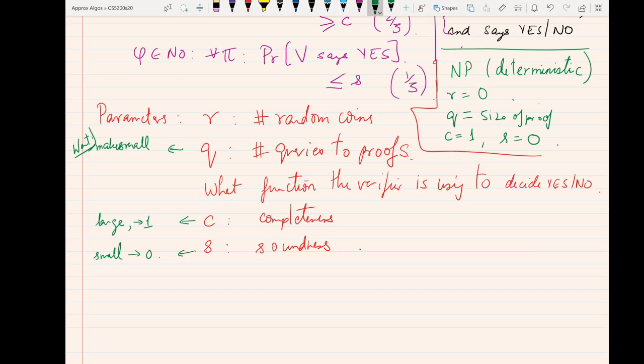And what we have said above with these parameters is the language class that is recognized by probabilistically checkable verifiers, which we'll call PCP, with subscript C, S of R, Q. All of these R, Q, and possibly C and S are all functions of n.